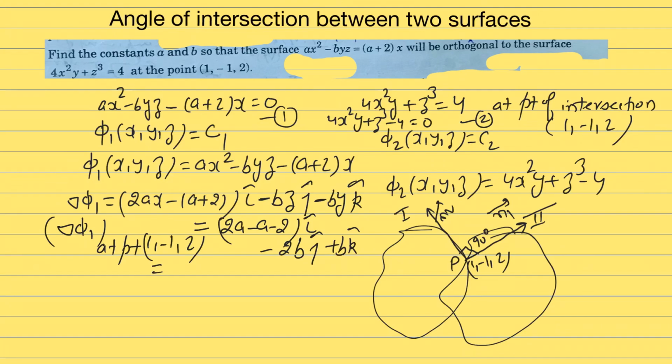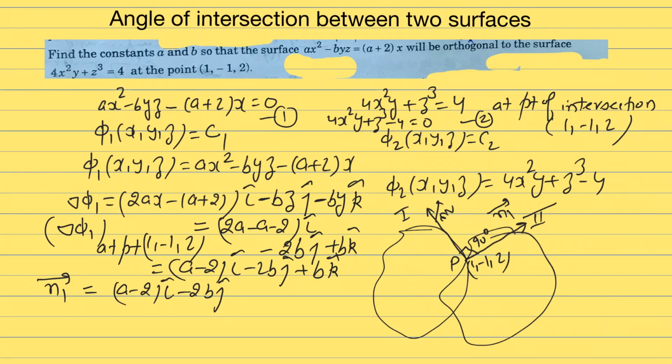So this is further equal to a minus 2 i cap minus 2b j cap plus b k cap. Say this is n1, and this will be named as equation number 3.